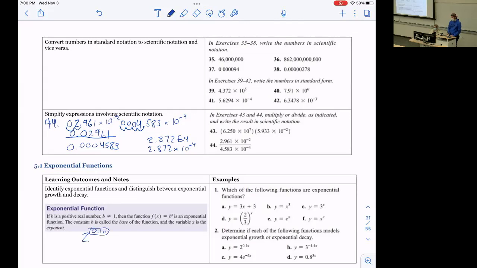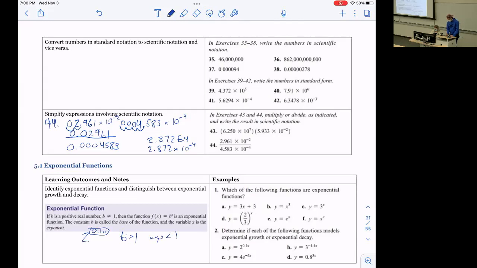So we're going to have less and less of 2. For this one, since our base is larger than 1 and our exponent up here is less than 1, it is going to be a decay function.